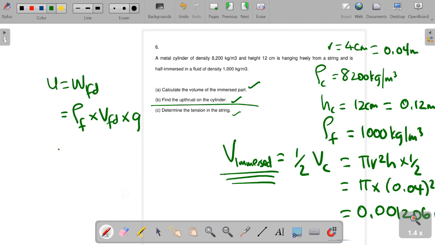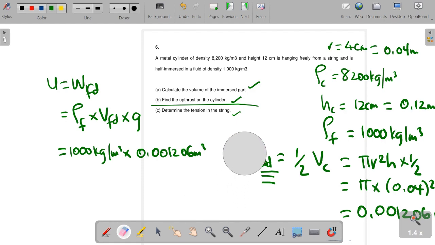The liquid is water, so 1000 multiplied by the volume immersed of the object, which is the volume of the liquid displaced, 0.001206 cubic meters. And then we multiply by the gravitational field strength.